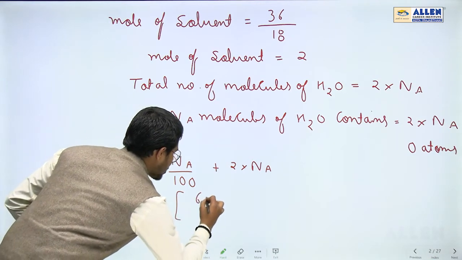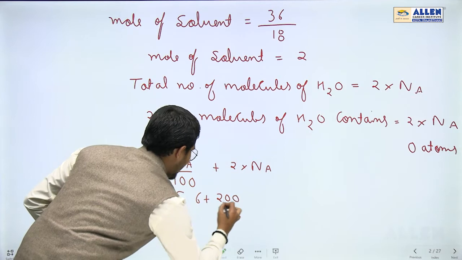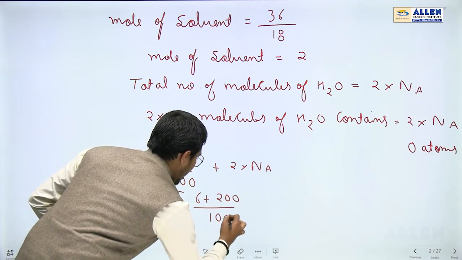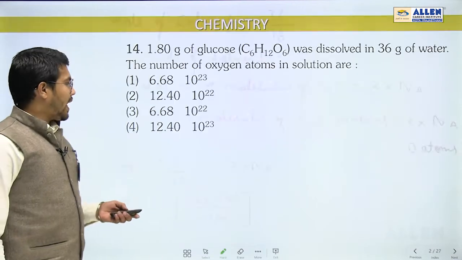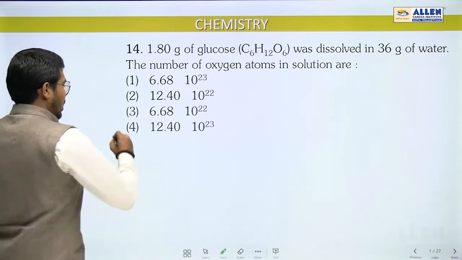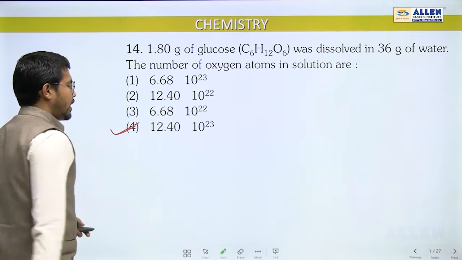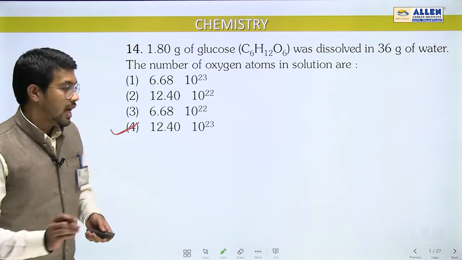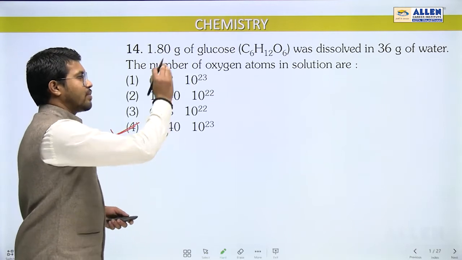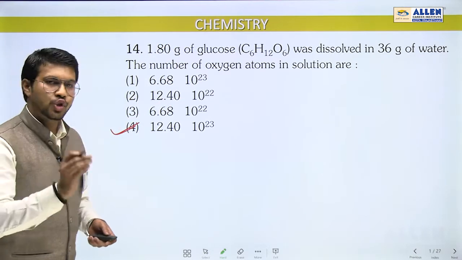We'll get Na into (6 plus 200) upon 100. If we solve this, we get the fourth option, 12.4 into 10 to the power 23. This many oxygen atoms are present in the solution.